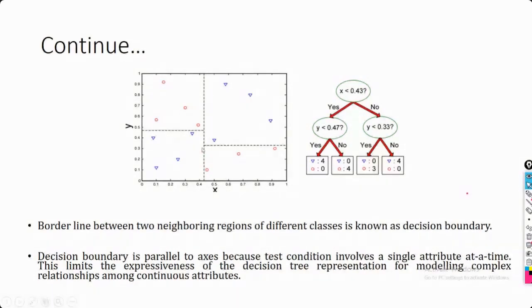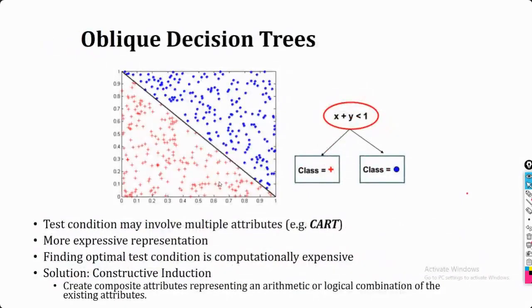Here we are just considering one attribute, and based upon that attribute we simply divide it. But the complexity which is actually present in your data in terms of interaction, that information we are not incorporating, just single attribute based division. So we have this problem in case of a decision tree.